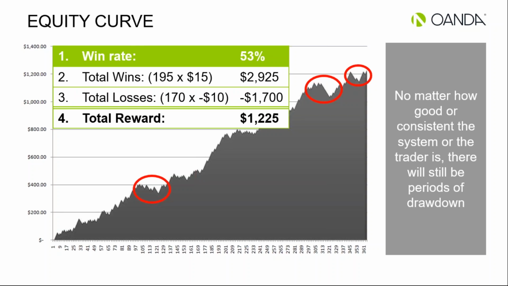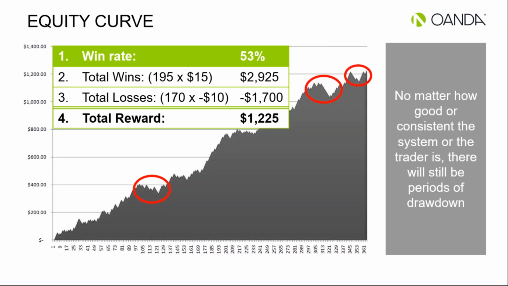However, we also flipped tails quite a number of times, and across 170 losing flips we lost $1,700. Combining those two figures, offsetting them, the total profit is $1,225. So I hope the numbers are starting to make things a little bit more clear.